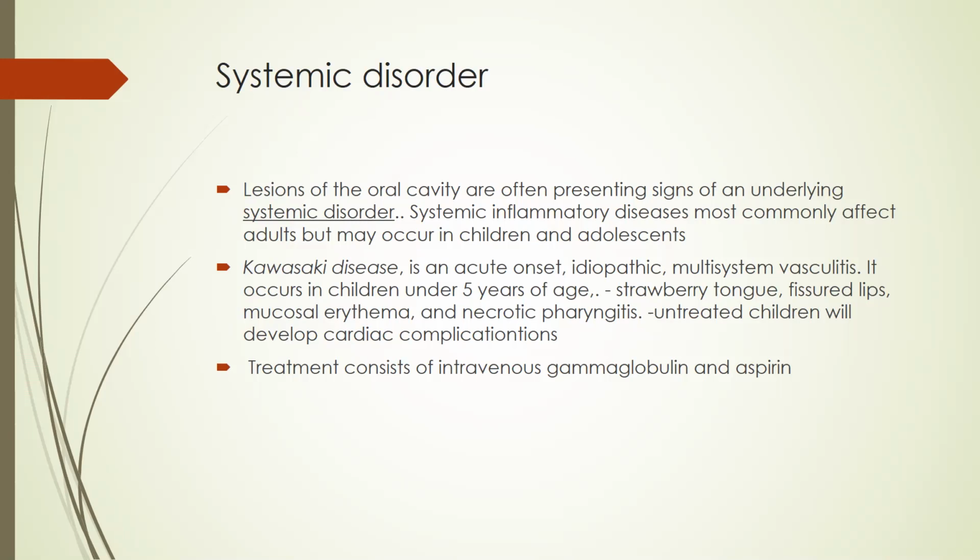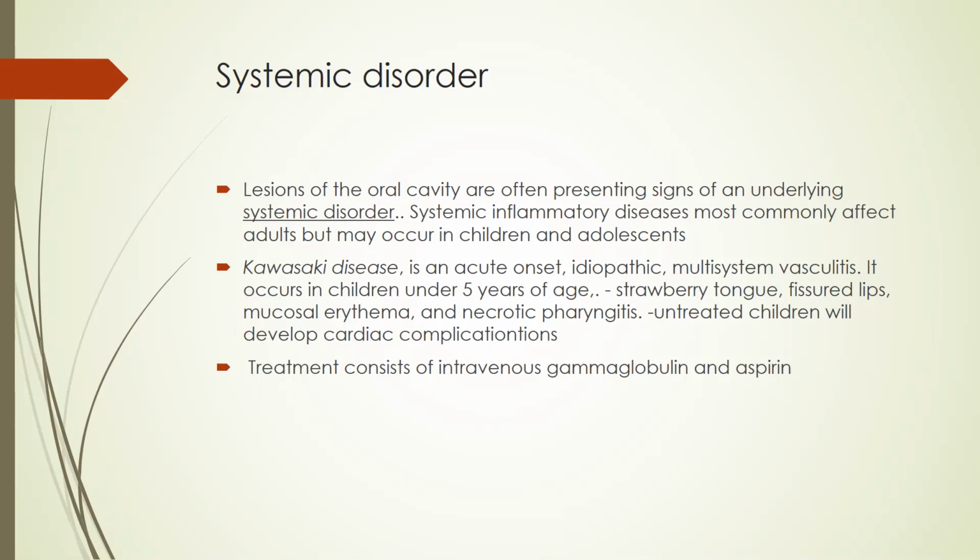Kawasaki disease is an acute-onset, idiopathic multisystem vasculitis. Vessels are affected in Kawasaki disease, and it usually occurs in children, in which group? Under the age of 5 years. Features include strawberry tongue, fissured lips, as I have told you what a fissure is, mucosal erythema, and necrotic pharyngitis.